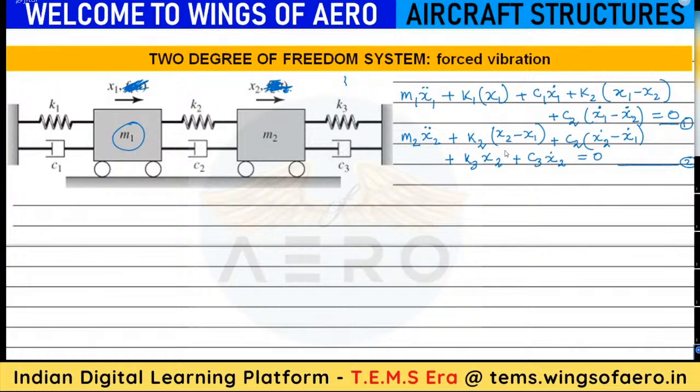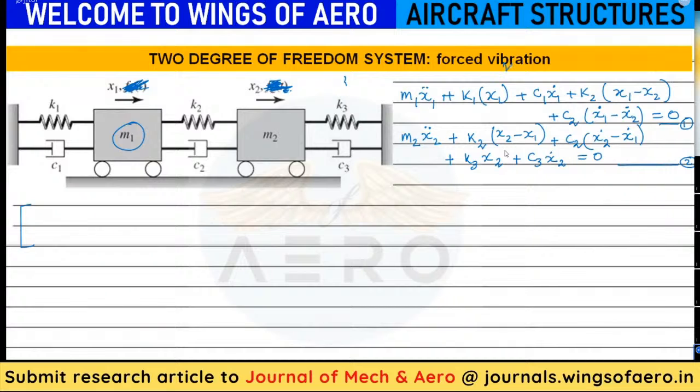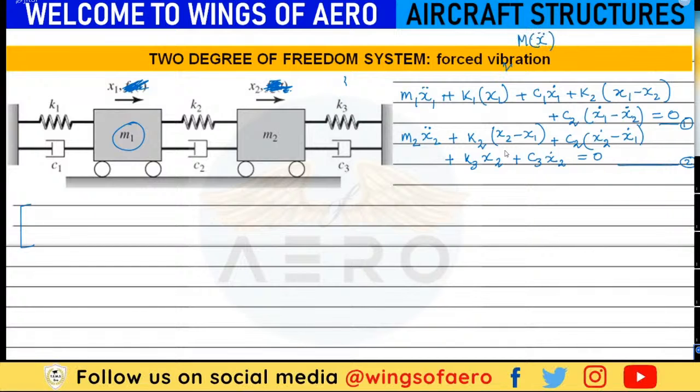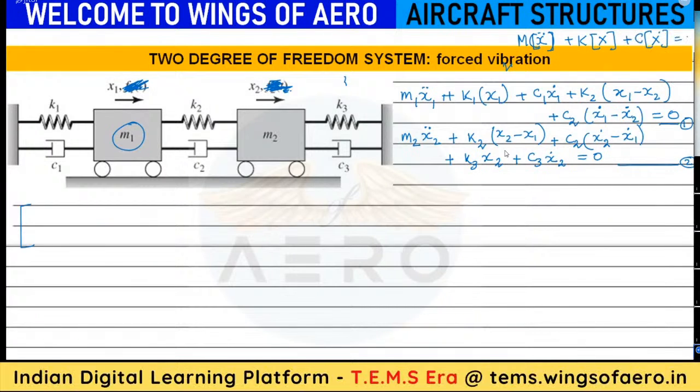In matrix form it should be: m of x double dot plus k x plus c x dot equal to 0.